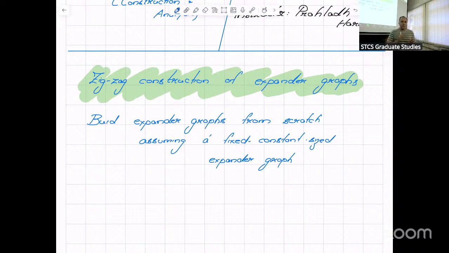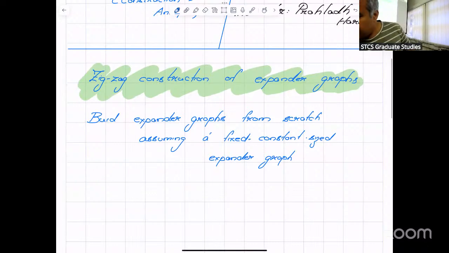We just get two fixed constants, d some number larger than 3 and lambda some number less than 1. And we'll construct a family of expander graphs for infinitely many n, such that for each n in the family we'll construct an (n, d, lambda) expander graph.